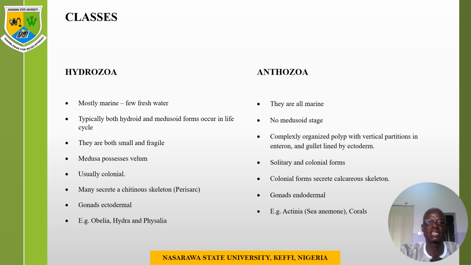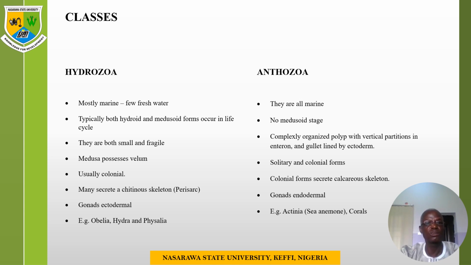Hydrozoa, that is the class. Mostly they are marine, and we have a few of them that inhabit freshwater. Typically, both hydroid and medusa forms occur in the life cycle. They are both small and fragile. Medusae possess venom.